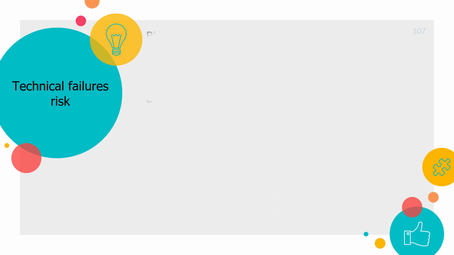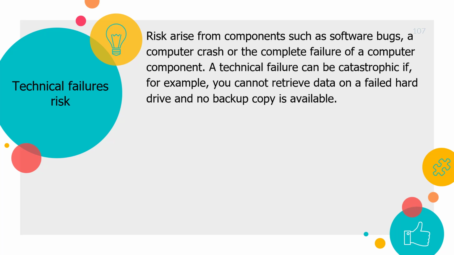Technical failures risk, which is the risk arising from components such as software bugs, a computer crash, or the complete failure of a computer component. A technical failure can be catastrophic if, for example, you cannot retrieve data on a failed hard drive and no backup copy is available.